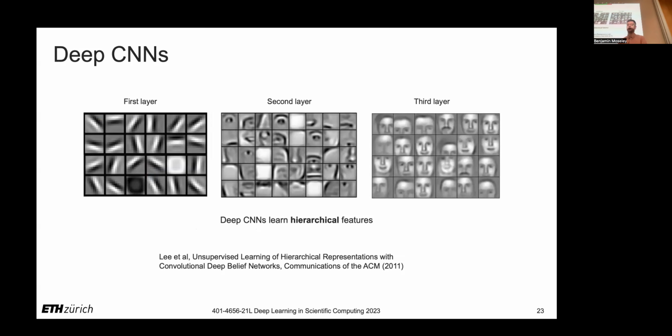For example, if you train a CNN to generate images of faces, and you look at the outputs of the first layer, you can see it generates very simple features of that image, like lines basically, and colors. The second layer will compose those features together into small parts of the output. So for example, if you're generating faces, it will create eyes and noses. And then the final layer composes all these together to form your output.